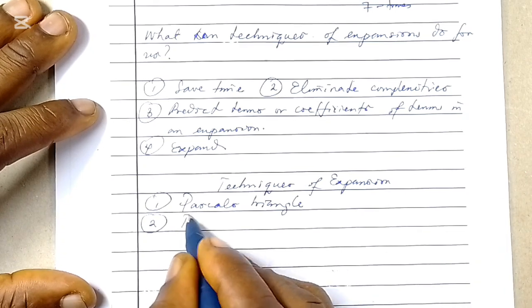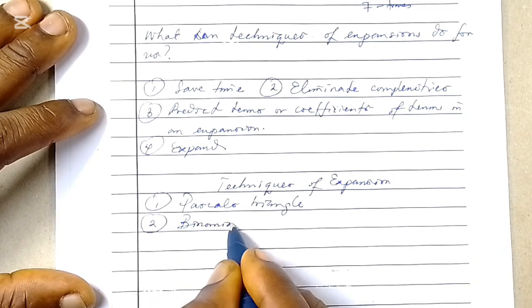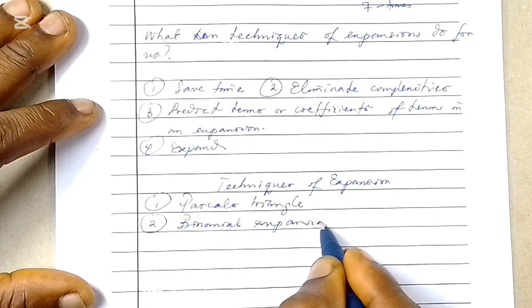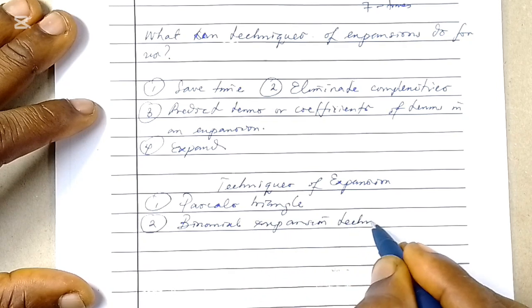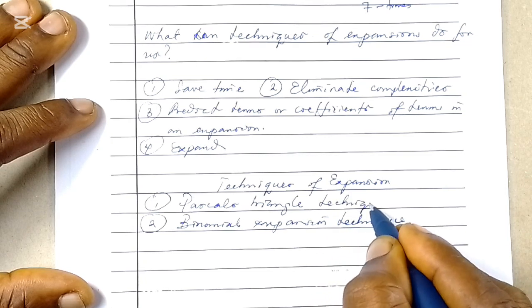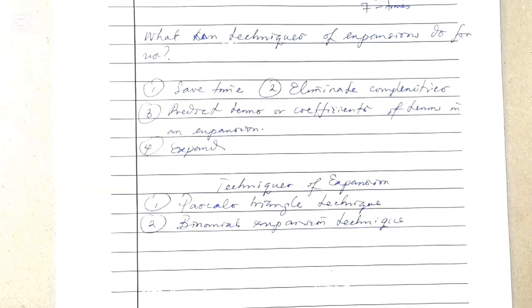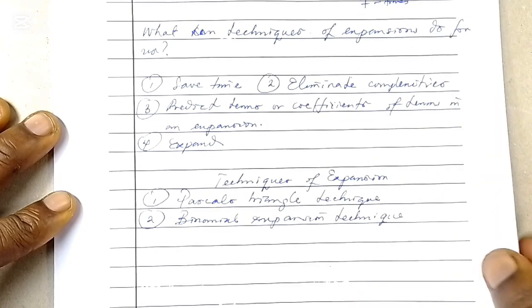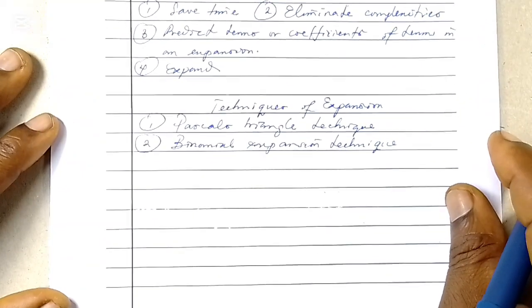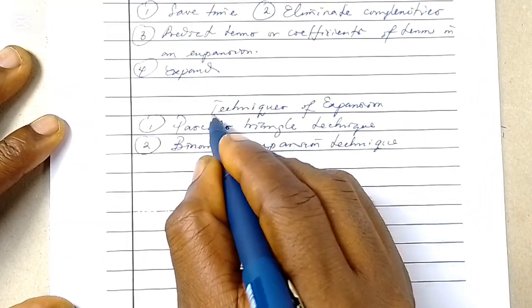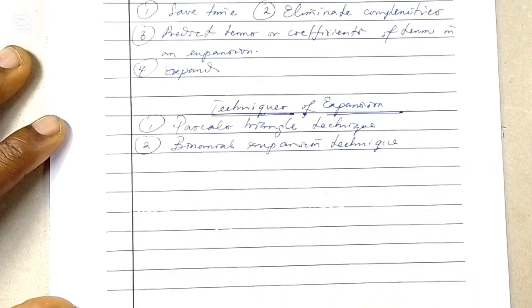The second technique is the binomial expansion technique. So the Pascal's triangle technique and the binomial expansion technique are the 2 techniques we shall be discussing in this video. Now, that being said, let us start with the first technique, being Pascal's triangle.